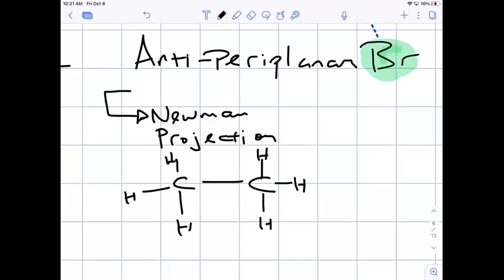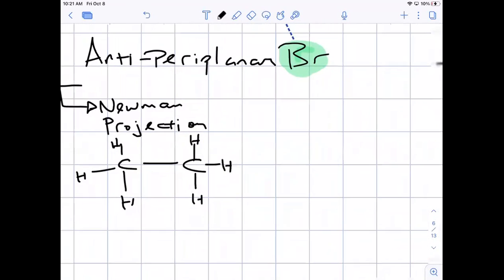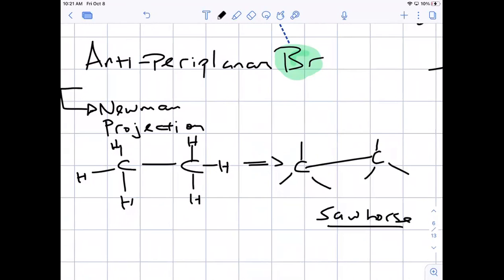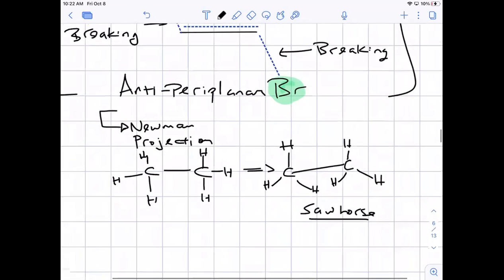We just write those hydrogens out, and we don't really consider the bond angle. But you could also think about this if I look at it kind of from the side. So here's a carbon, and here's a carbon. This is what we call a sawhorse conformation. So this is H, H, H, and H, H, and H.